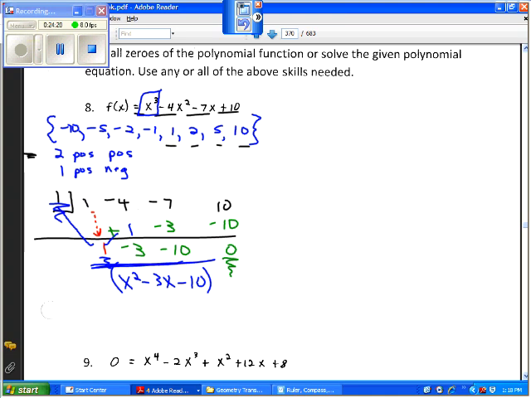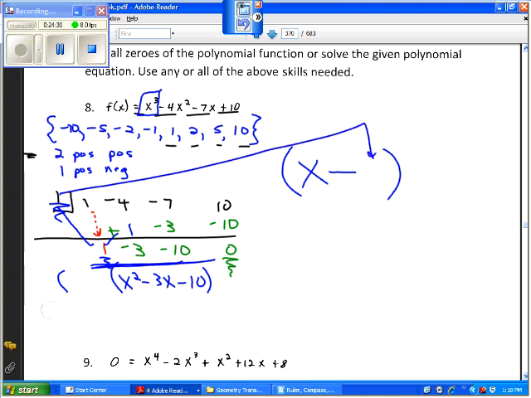And this is x minus the zero of 1, which creates a factor of x minus 1. Very good. So the factor is x minus the root, correct?